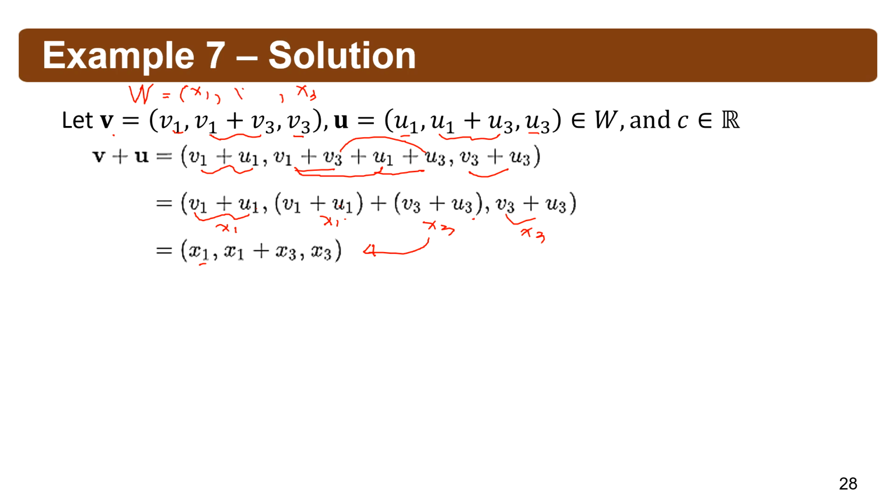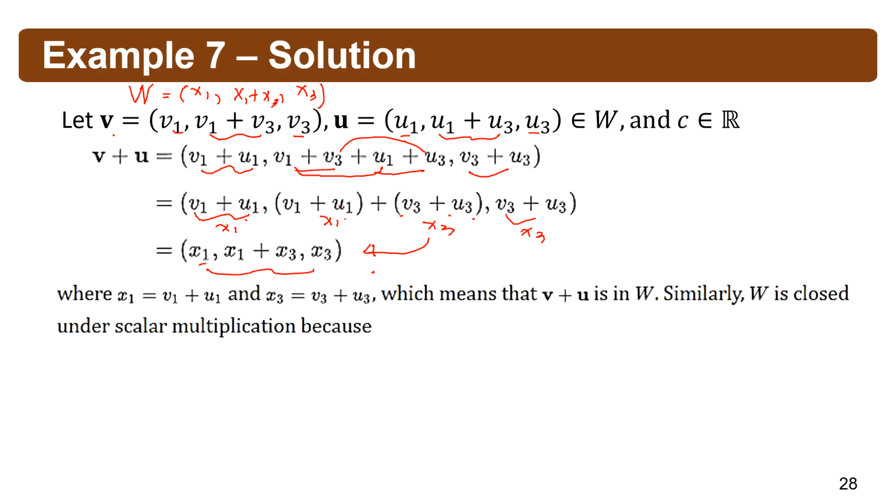The middle is the sum of the first and the third. So, which actually is of the same form. It is of the same form. So, we can say that it is a subspace for addition.